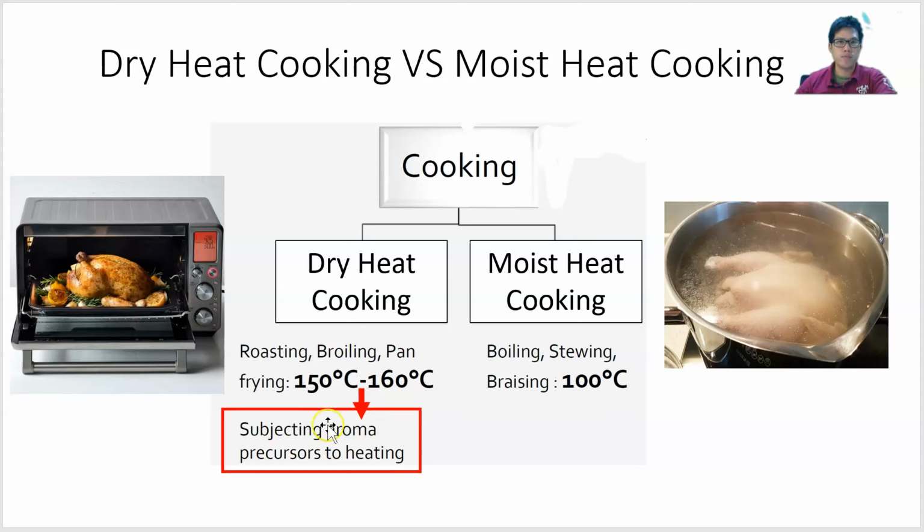When you're talking about high temperature, what happens is that the aroma precursors, which we'll see later, are all the compounds or molecules in the meat that, when subjected to heating, can create further flavors.